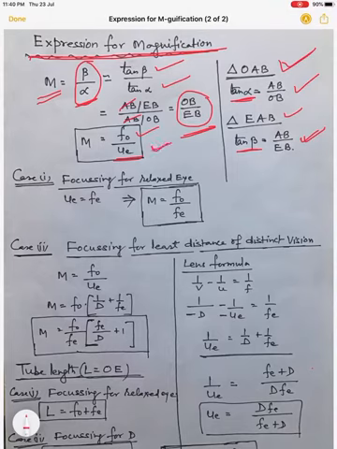Now as per the adjustment, we have different values of ue. If we take case number 1, focusing for relaxed eye, focusing for infinity, then ue is equal to fe.